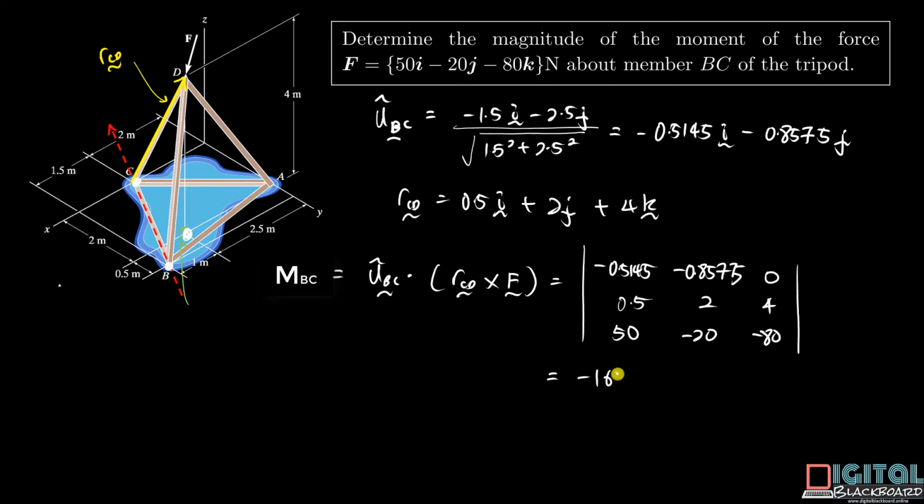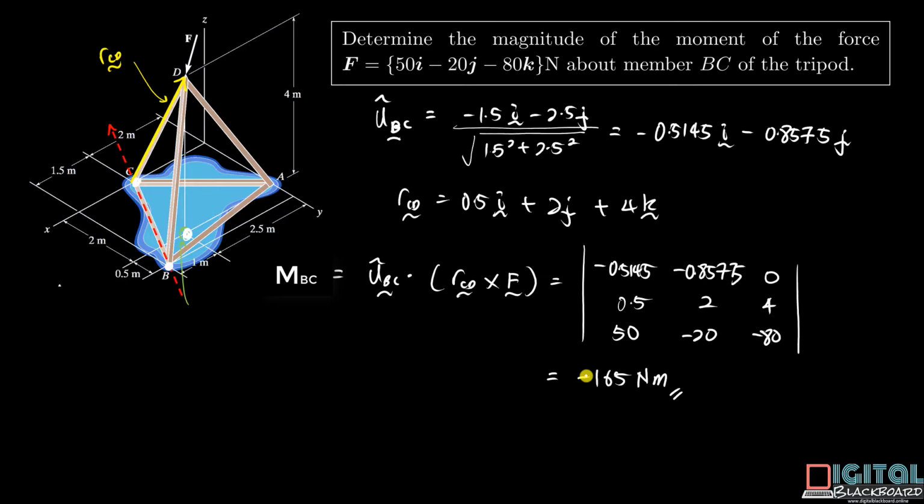So this is equal to minus 165 Newton meters. So what does the negative sign here actually mean? It simply means that the moment is about a direction opposite to the original assumed direction of BC. Alright, the moment is pointing in direction CB instead of BC. That is what the negative sign here means.